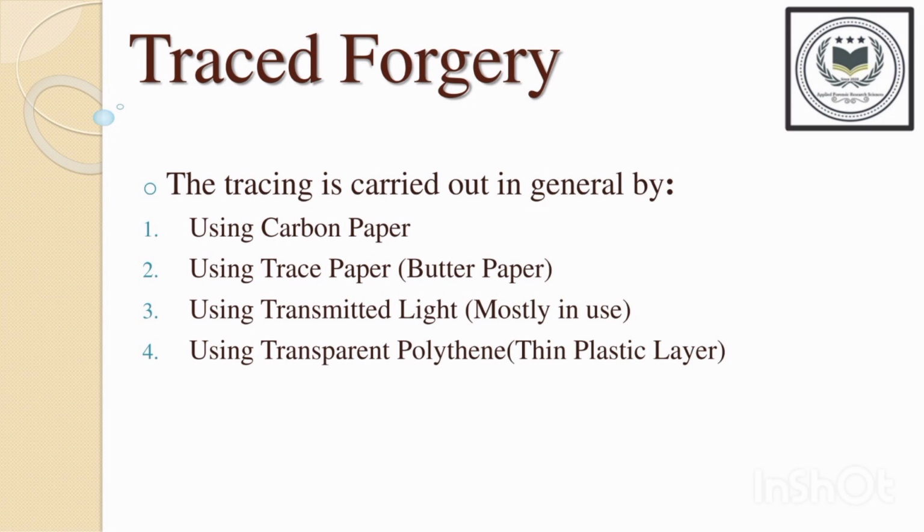Some of the instruments I have mentioned below, and in the next slides you can also see them. The first instrument used in old times is carbon paper. Second is the trace paper or butter paper. Third is transmitted light, which is mostly used these days. Then the next is polythene sheet or thin layer plastic.